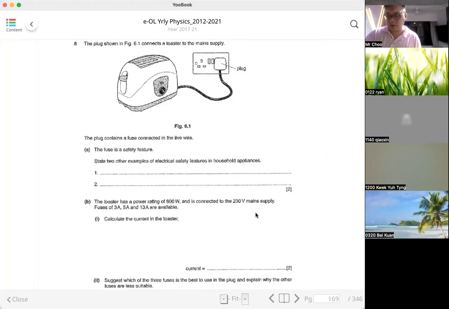Xiao Xing, well done. Yuting, your A number 2, right? Can you elaborate your number 2 point for your A? I'll only give you 1 mark.